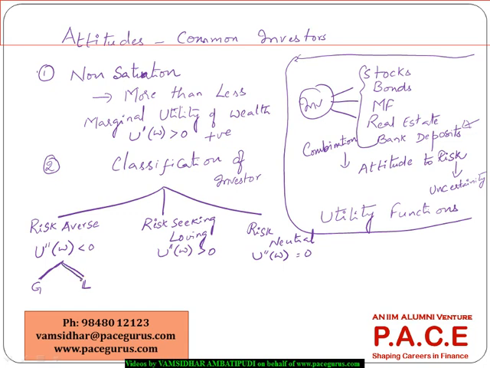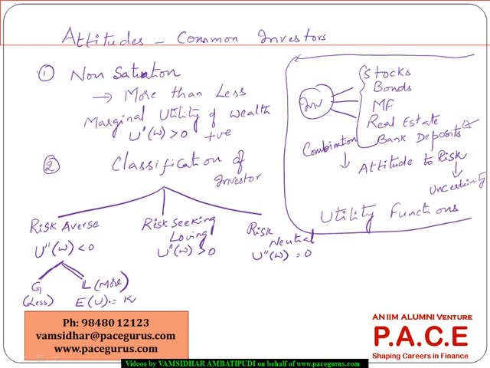Even if the expected utility is not changing, is constant, this person will not go for that gamble because he gives less weightage to the possible gain and more weightage to the possible loss. So he's following more of a cautious kind of approach.